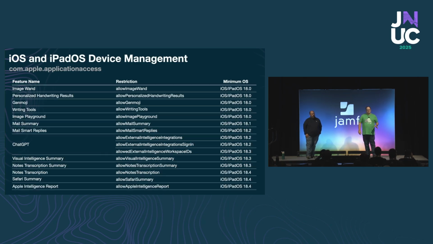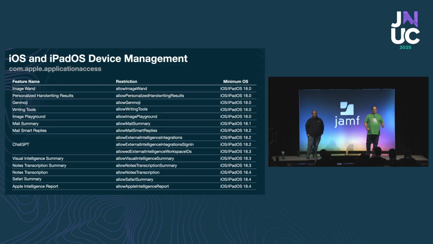As for iOS, we have a similar looking set of keys available to us. These all apply, both macOS and iOS, to the preference domain of com.apple.applicationaccess. You'll notice a lot of overlap here between the keys that existed for macOS and the ones that exist for iOS and iPadOS.